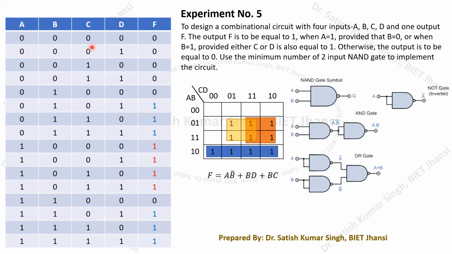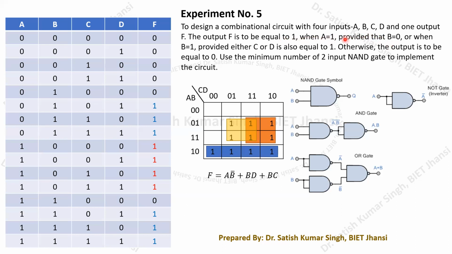Now we have to follow the given statement. In the statement itself, it is written that the output F is to be equal to 1 when A equals 1, provided that B equals 0. So first we have to consider this condition.